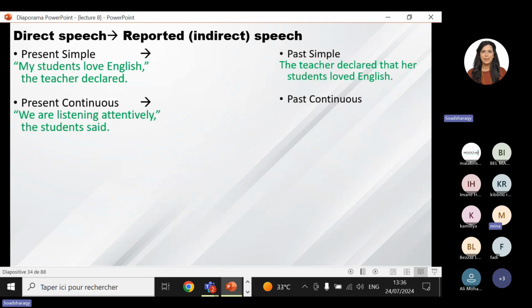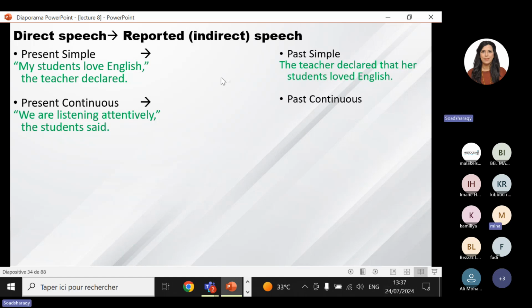The student said that they were listening attentively. Can you repeat, please? The student said that they were listening attentively. So, what did you change here?